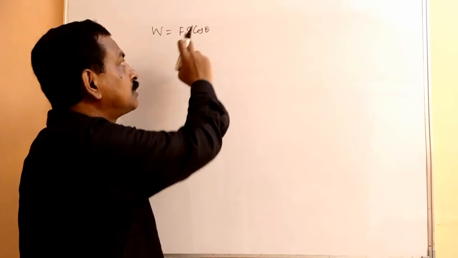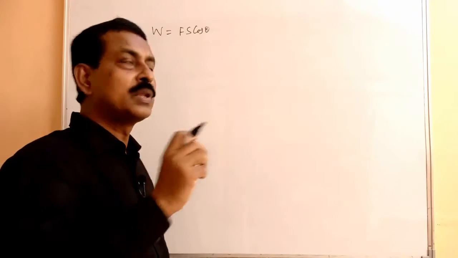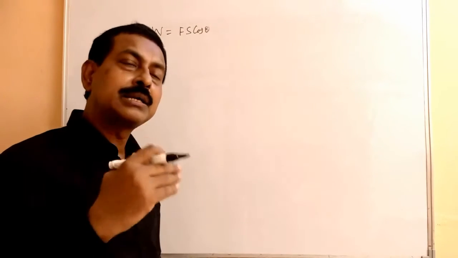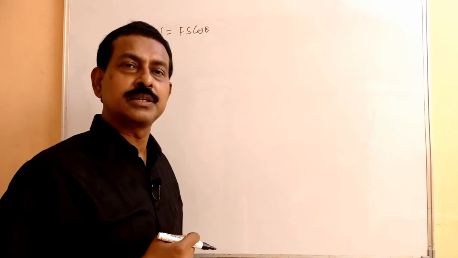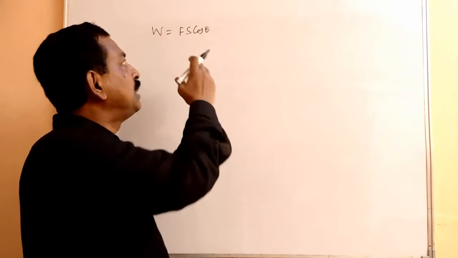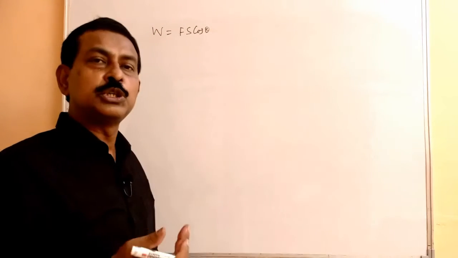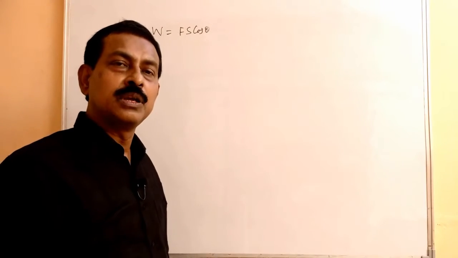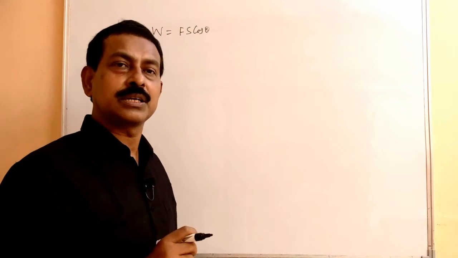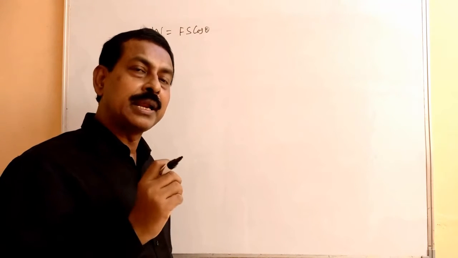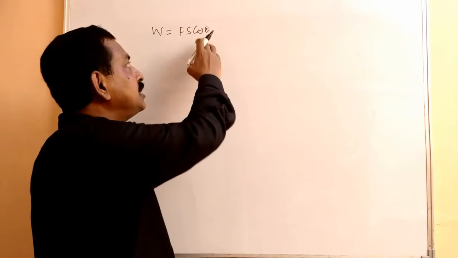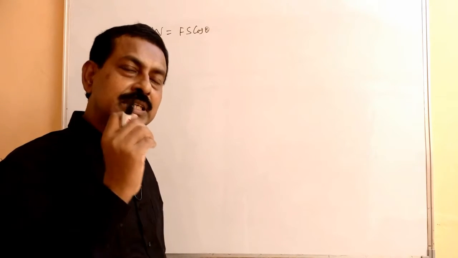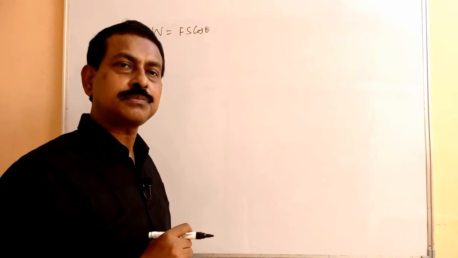Now, if you get for acute angle cos theta as positive, we define this work and classify it as positive work. Similarly, if theta is obtuse, you will get cos theta negative, so work done will become negative. So we say that there is a negative work. Similarly, if you consider that theta is 90, in that case the work done will be 0. So we say that it is the 0 work.